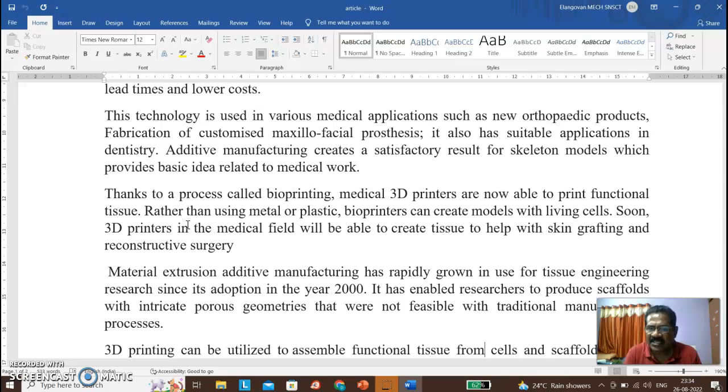Then, the material science people are also helping in the entire process by bringing out tissue printing materials. So rather than using metal or plastic, bioprinters can create models of living cells. They can be cultured, and then made to grow. So soon the 3D printers in the medical field will be able to create tissue and help with skin grafting and reconstructive surgery.